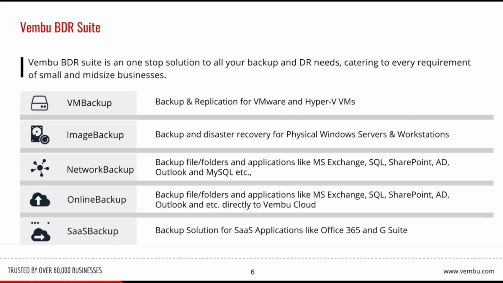There are a few IT admins who would like to back up some specific important files and folders and specific application data. They can use network backup. And for those who do not have any local provisions for storage, or are unable to spend any resource to manage backups, like having a local data center, you can back up your data to Vembu.